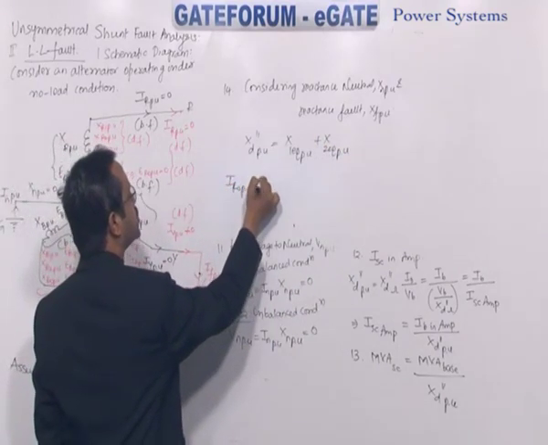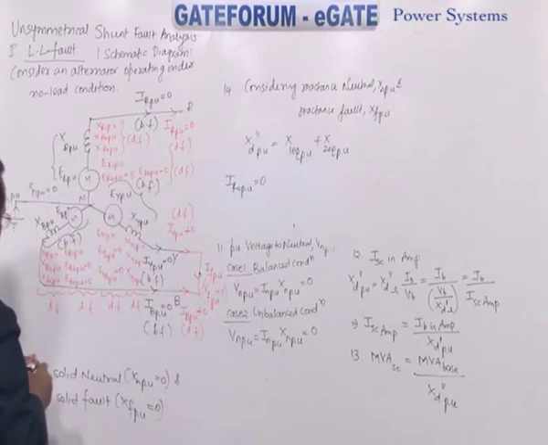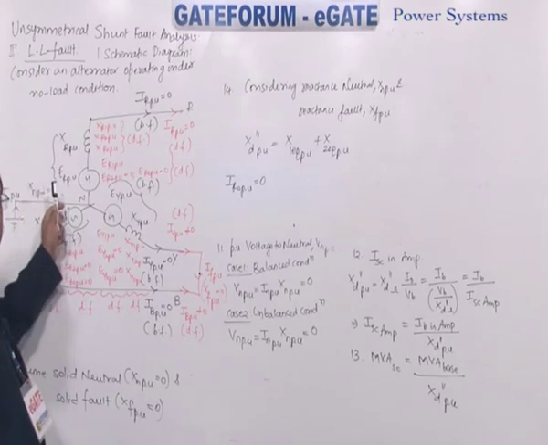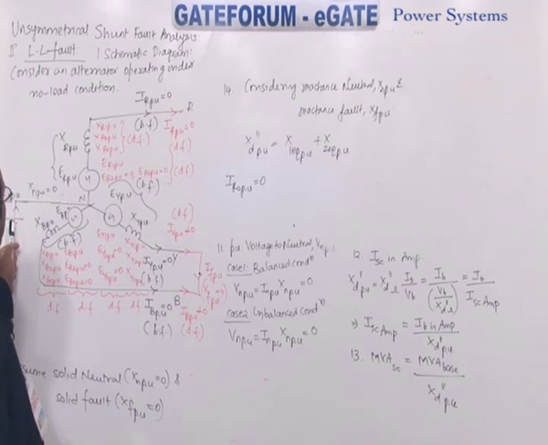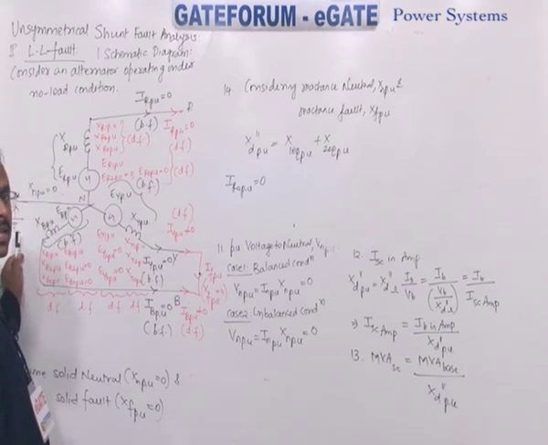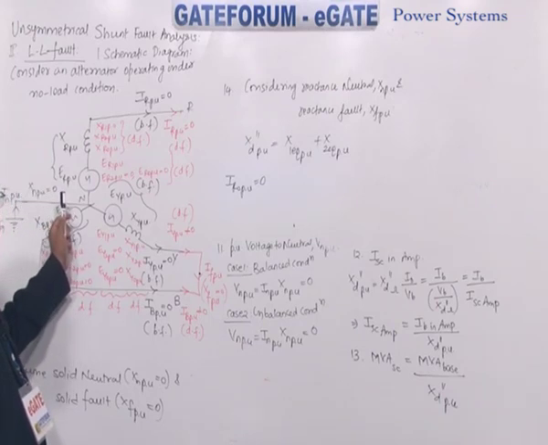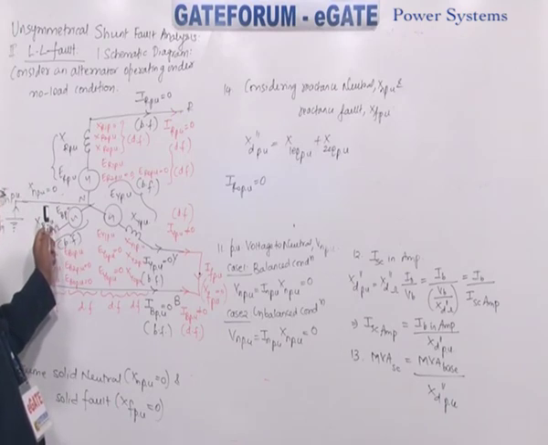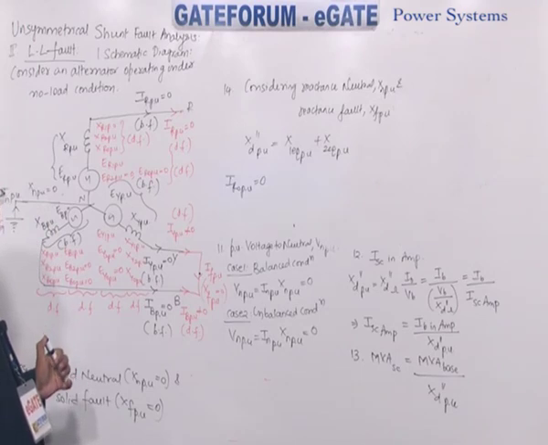IR naught per unit is 0. So observe, if IR naught per unit is 0, is there any significance for the ground to neutral connection? No significance. Whatever the ground to neutral connection or reactance from ground to neutral, as IR naught per unit is 0, there is no significance on XD double dash per unit.